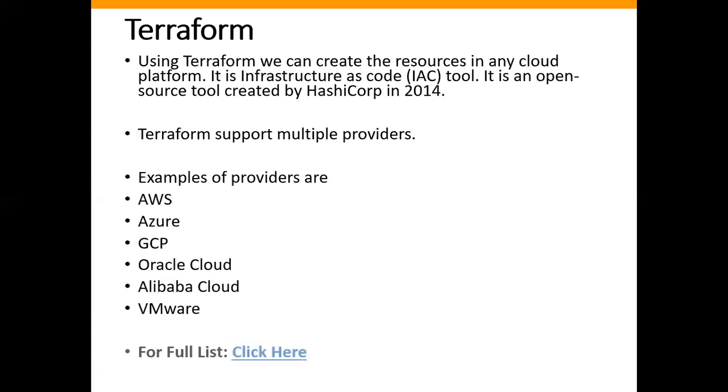Here in my PPT, I have mentioned a few of the provider details like AWS, Azure, GCP, Oracle, Alibaba, VMware. But if you want to see the full list, I'm going to click on one link here.